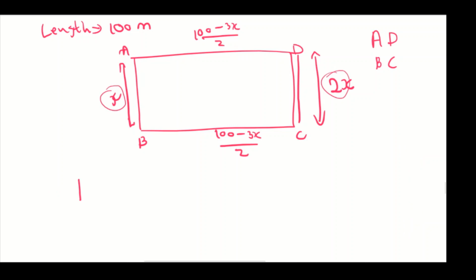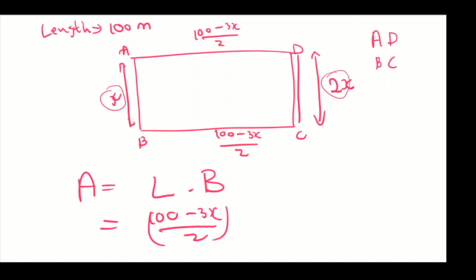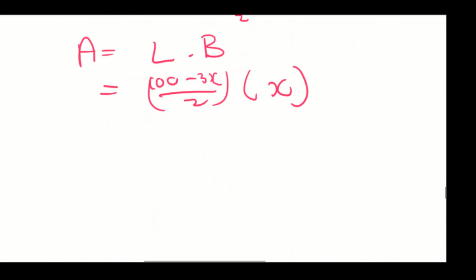Our area is equal to length times breadth. So what is our length? Our length is 100 minus 3x divided by 2, multiplied by our breadth, which is this portion here, x.